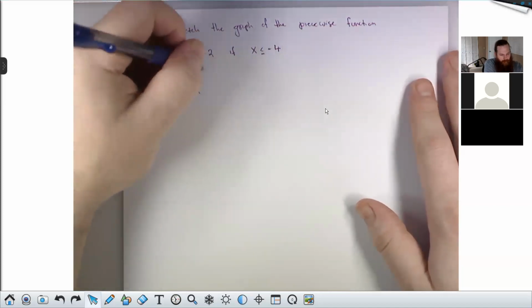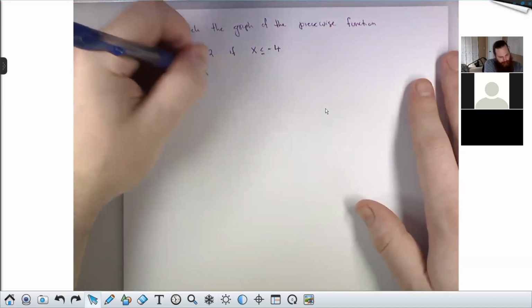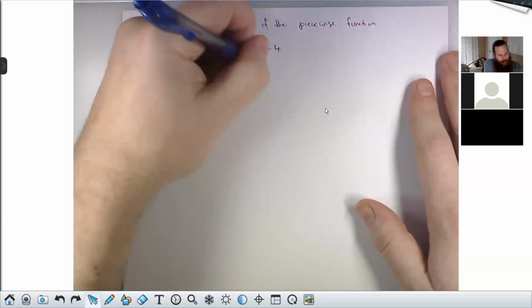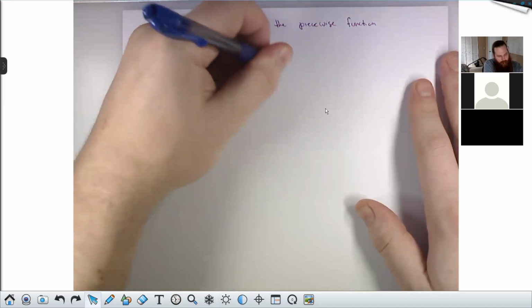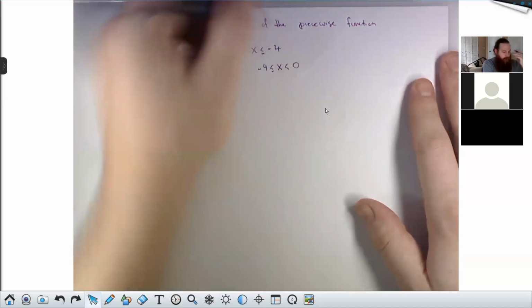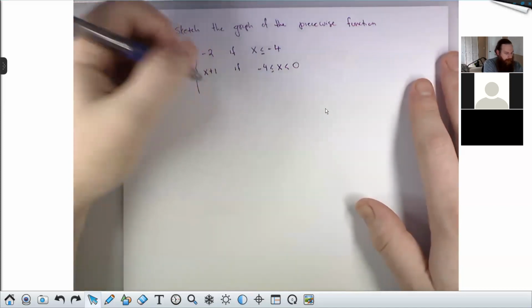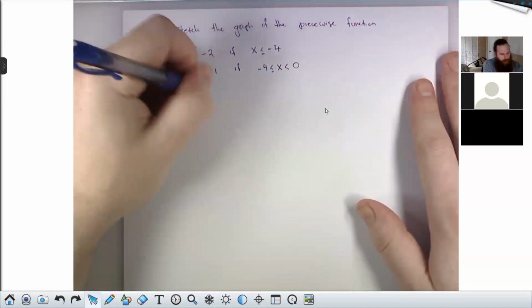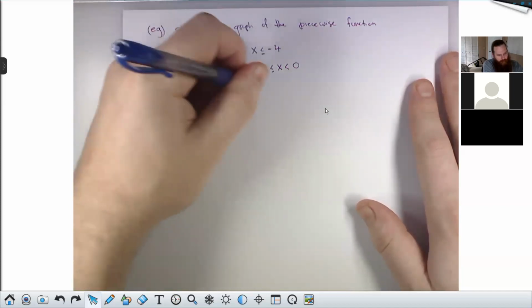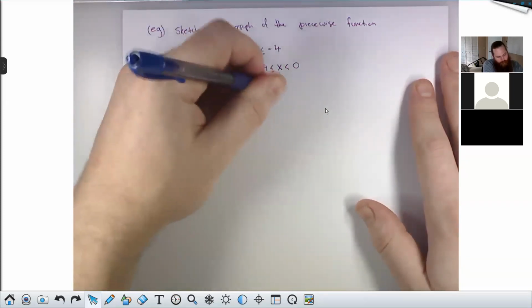It could be maybe x plus 1 if -4 is less than or equal to x is less than 0. Maybe 1 minus x squared if x is greater than or equal to 0.